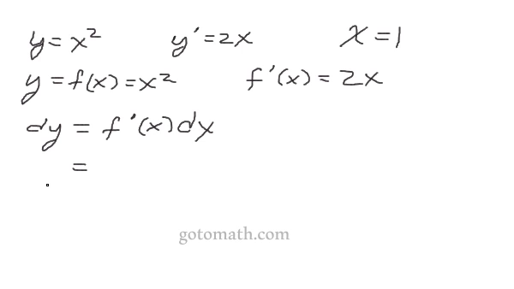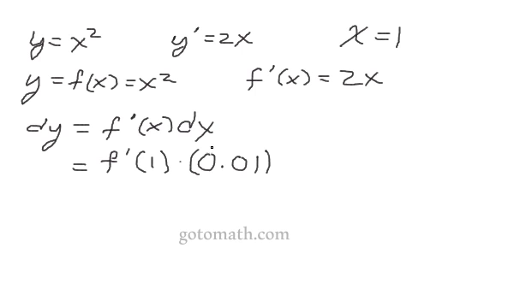We're going to go ahead and plug the values in here. We've got f prime of 1 times, and then our dx is going to be 0.01.